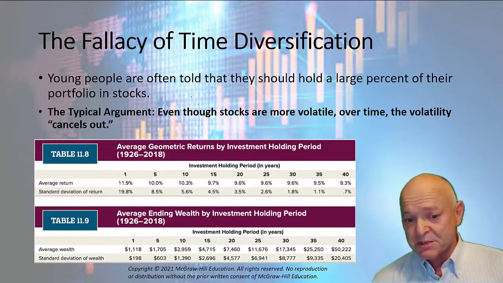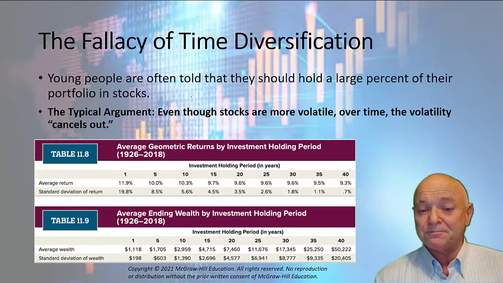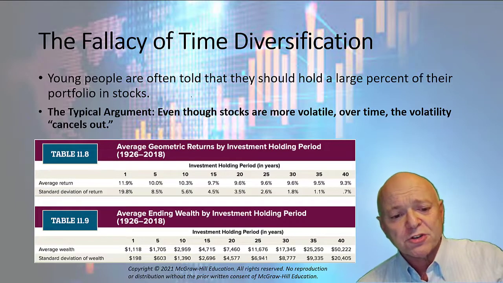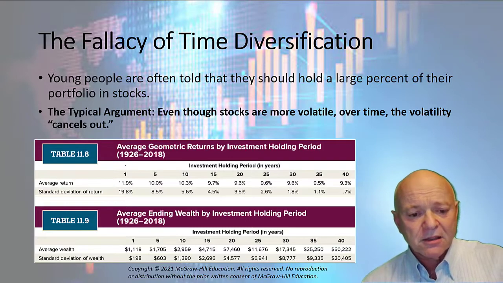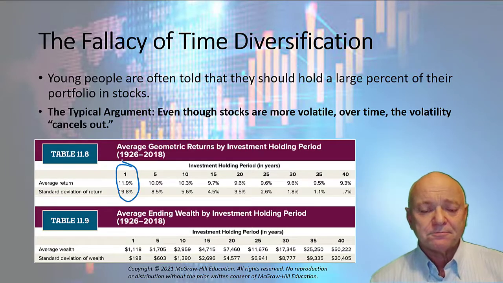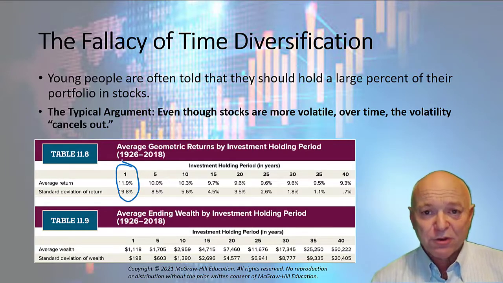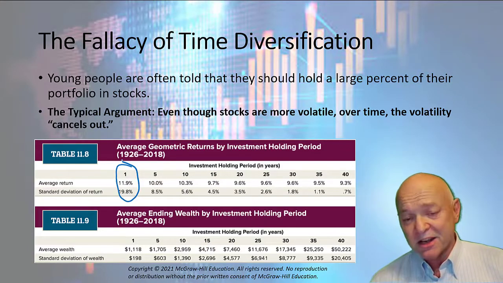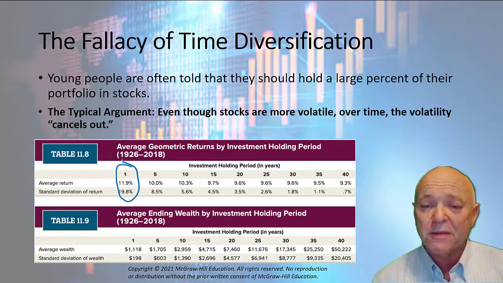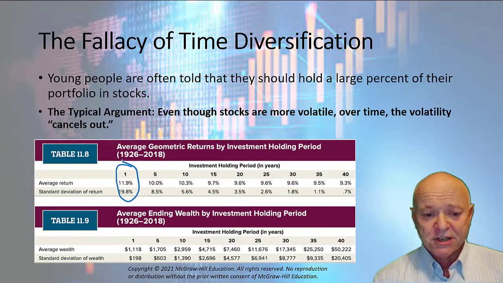We can see from this particular table that we also have from Chapter 11 that if we look at the long-term performance of stock markets, we see that the expected return, or the average rate of return from a portfolio of all equities in the United States over a very long period of time was about 11.9%.